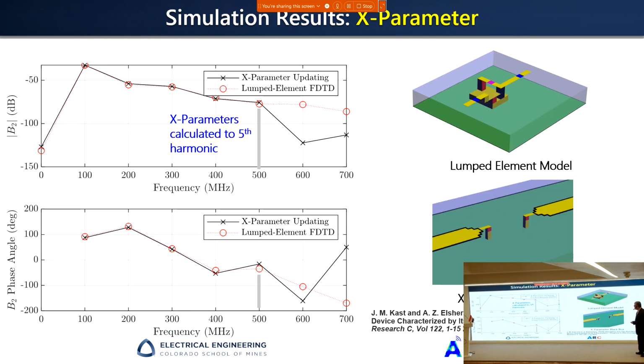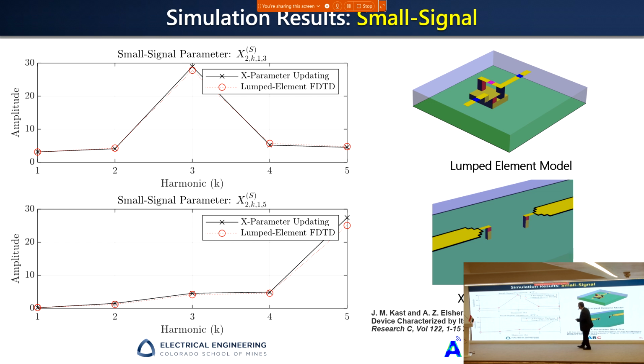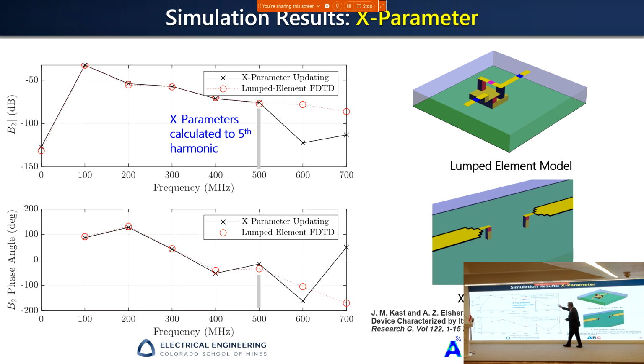So to show you some results, again, you can see the lumped element representation, the X parameter black box. That's the B2, and this one is B2 phase and amplitude. And again, let's see that the input signal was 100 megahertz. The fifth harmonic is 500 megahertz.